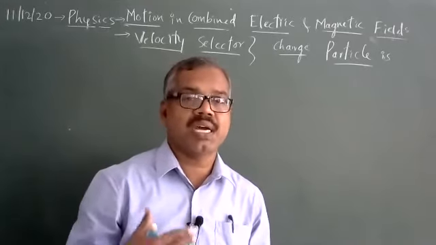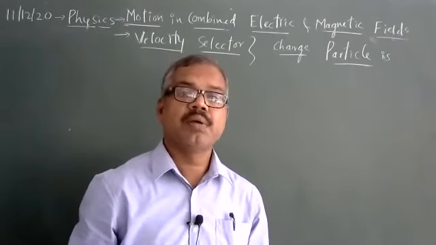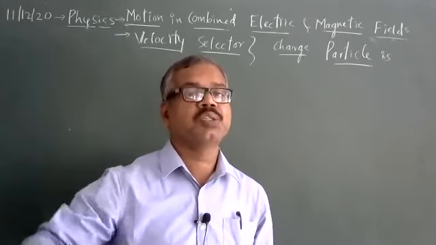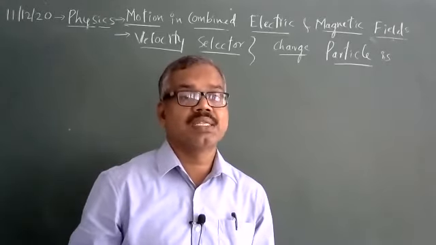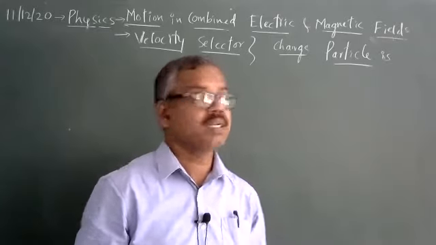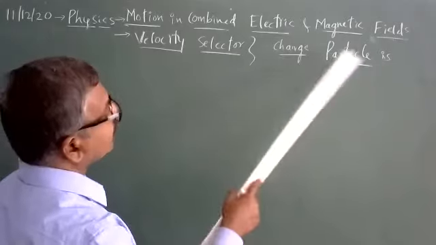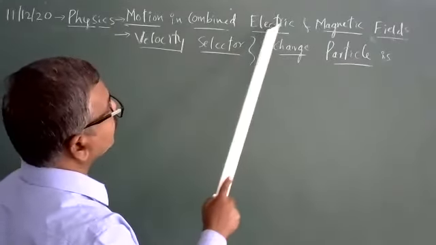Then how does this charge experience the force? It is acted on by electric force and by magnetic force. When both are acting, what will be its resultant direction of motion? That is called motion of a charged particle in combined electric and magnetic fields.